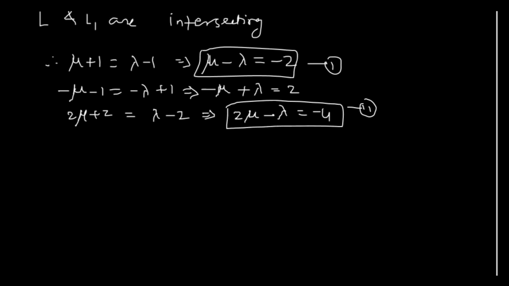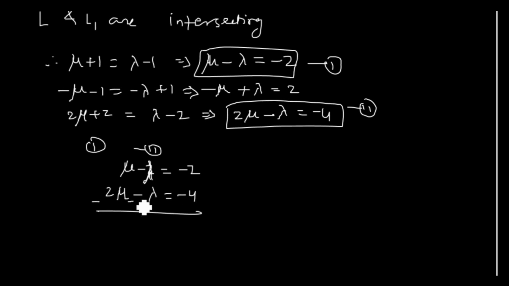Now we will solve for lambda and mu. Simply subtract these two: mu minus lambda equal to minus 2, and 2 mu minus lambda equal to minus 4. On subtracting, lambda cancels, so minus mu equals 2, and so mu equals minus 2.